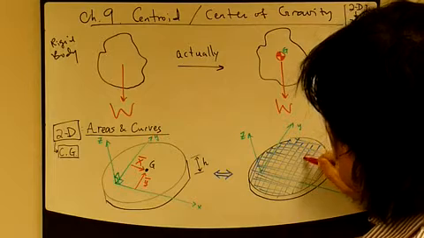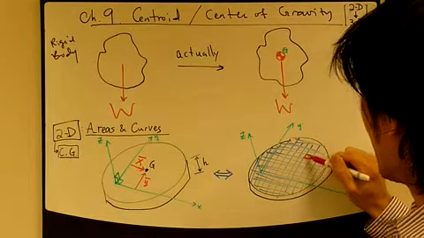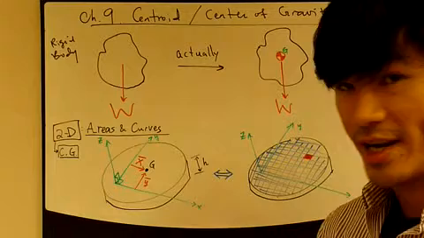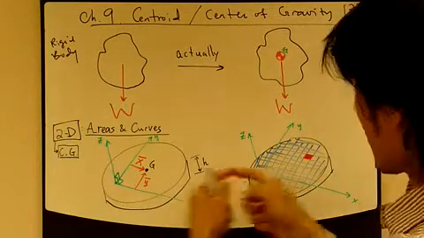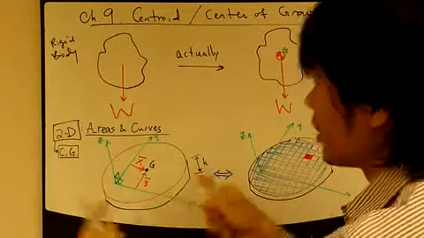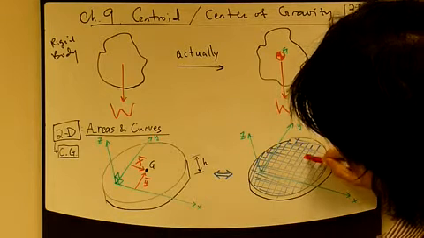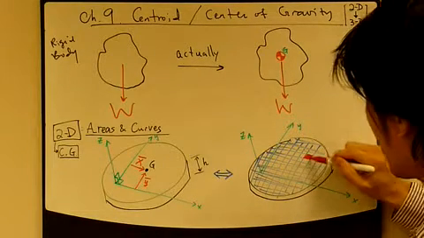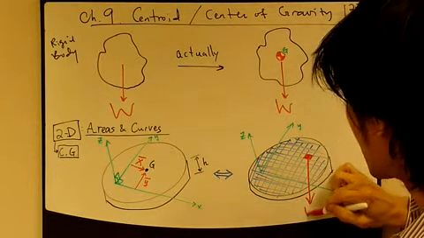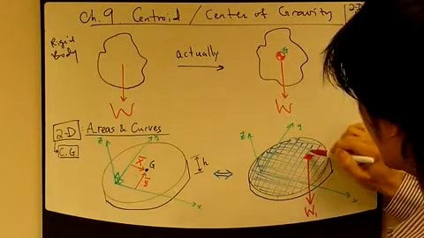Now, each element right here is a tiny surface, so each surface has its own weight. And we add all the weight together of each of these individual tiny pieces, and you end up with the total weight. So for each individual element, I can draw the location of the weight vector of this tiny element.